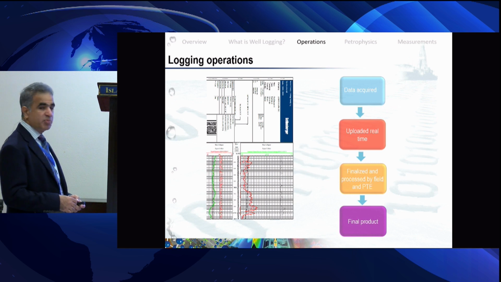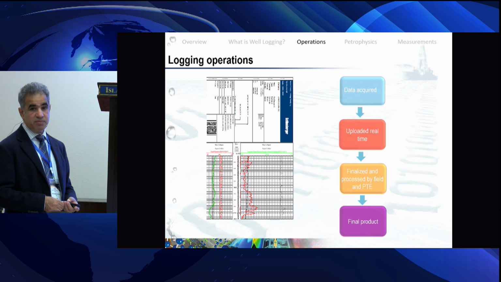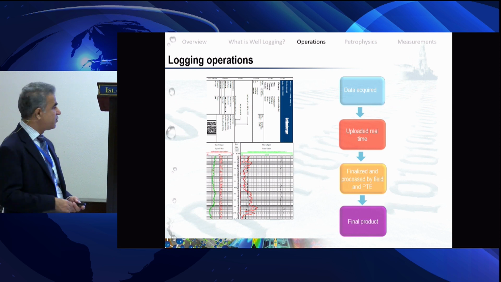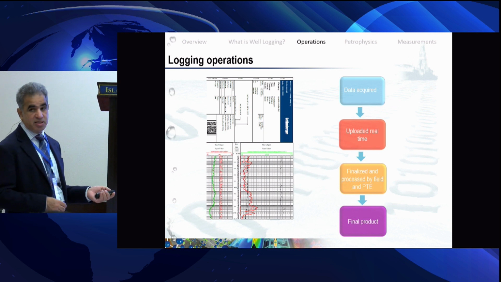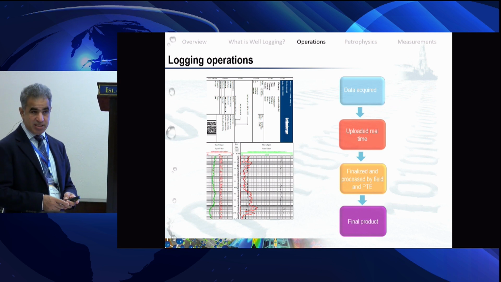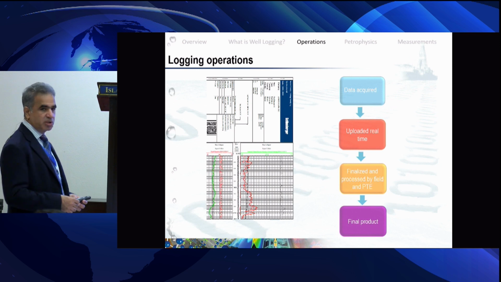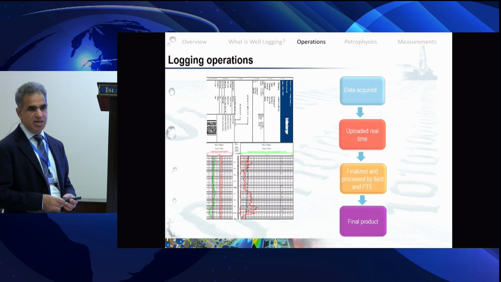How we present the data graphically is called a field print, or field log. The field log has certain curves displayed, in different colors and different scales, quite standard. The doctor looks at an X-ray and knows what the wiggles mean.